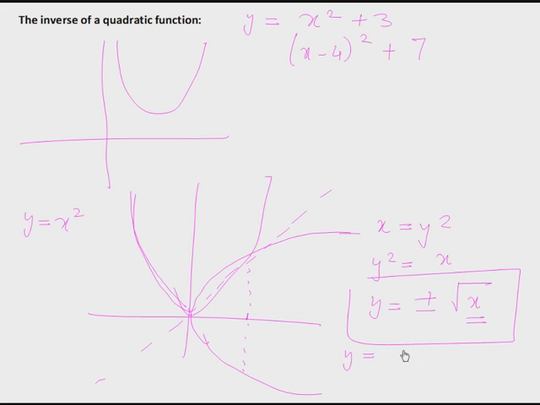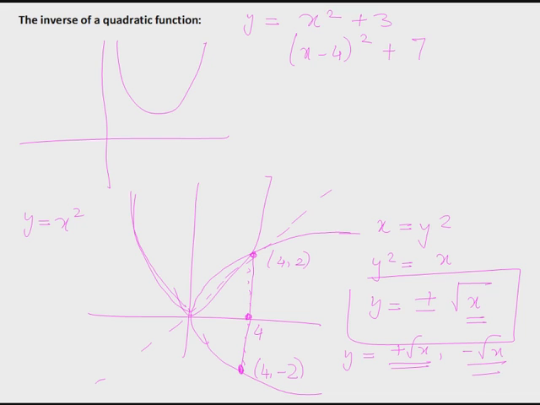I'm getting y equal to plus root x and I'm getting y equal to minus root x. So that's what explains for each x value, I'm getting a positive value and I'm getting a negative value. If this was 4, this point would be 4 comma 2 and this point would be 4 comma minus 2. Root 4 is 2, so I'd get 4 comma 2 and 4 comma minus 2.